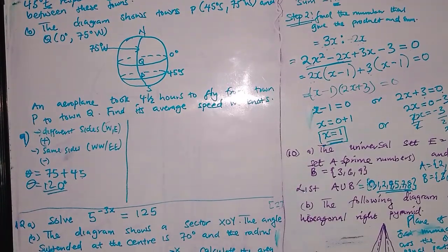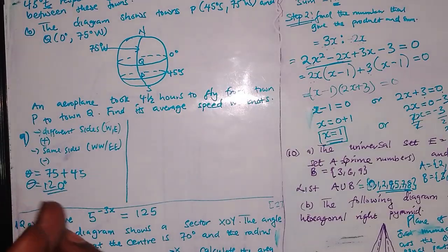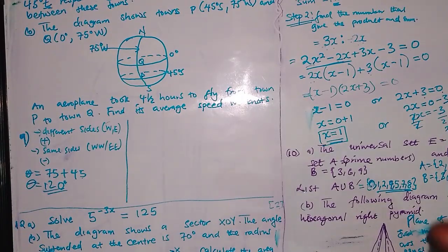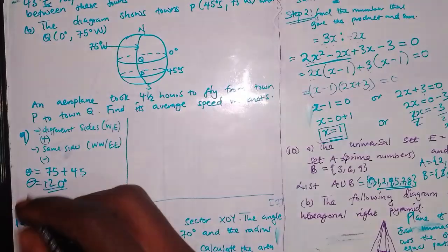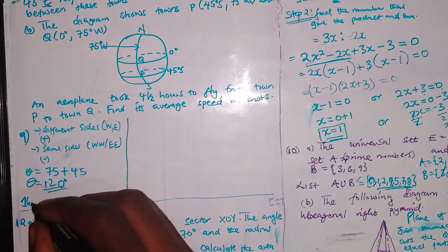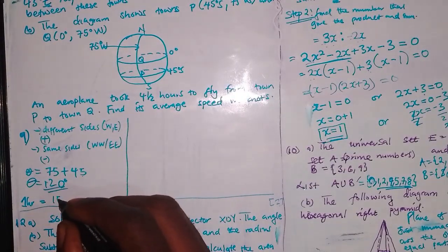Now, for us to find the time difference, this longitude is in degrees. So the only step remaining here is to convert 120 degrees into hours. That's our time difference. So how can we convert it? You have to say 1 hour is equal to 15 degrees.